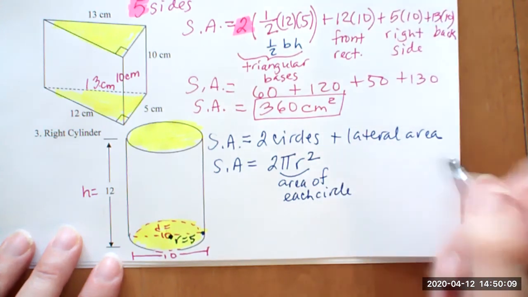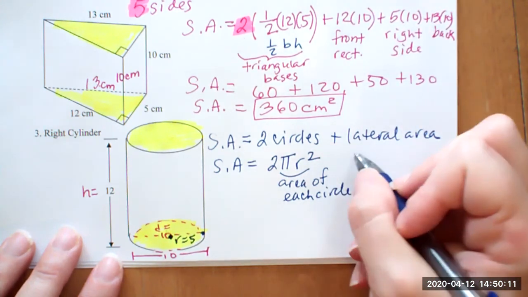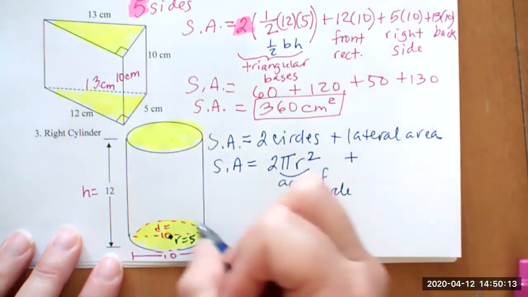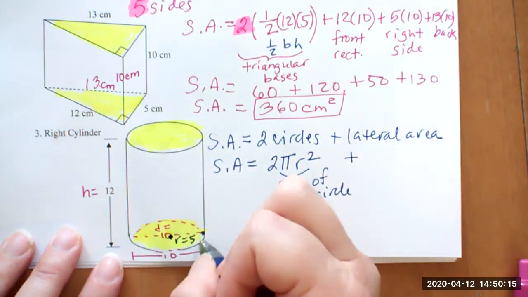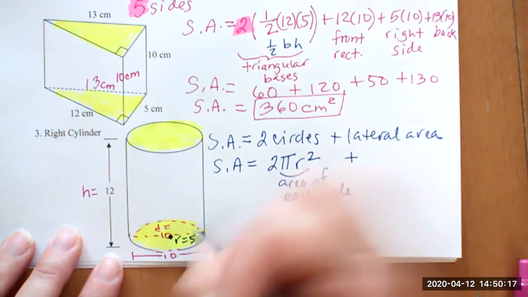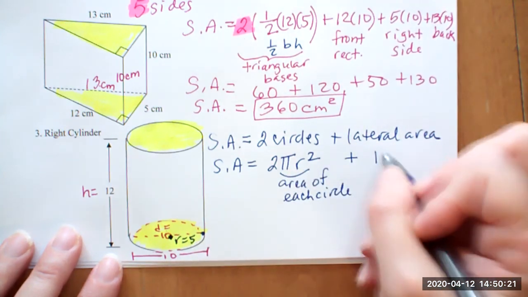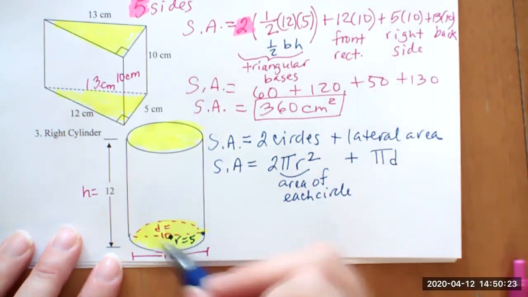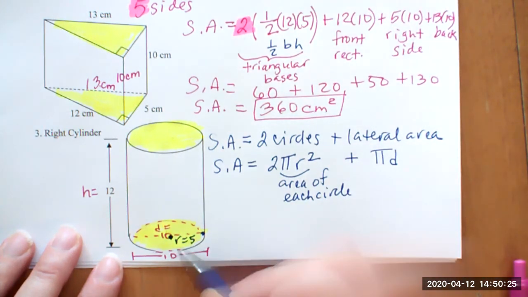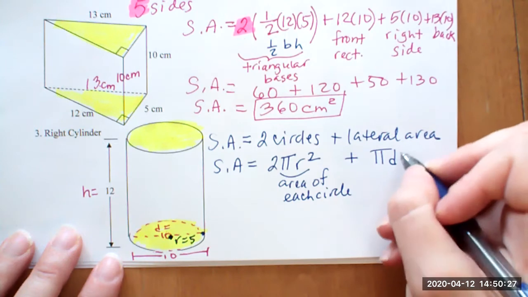Now the lateral area, remember we're taking the base of the rectangle, which is the circumference of the can. So I can either say pi d or 2 pi r, it doesn't matter, because I have both the diameter and the radius here. But since I have the diameter, I'll just use pi d times the height.